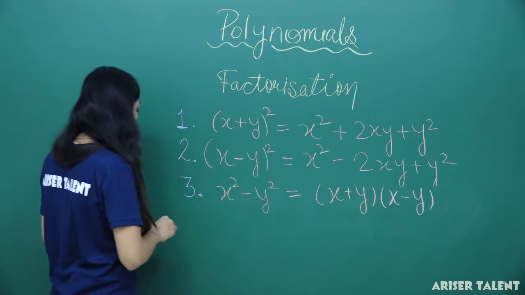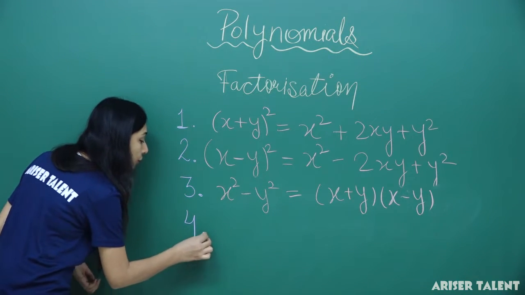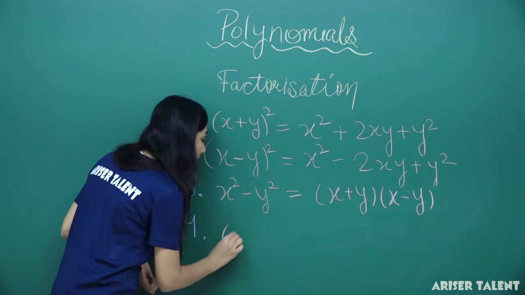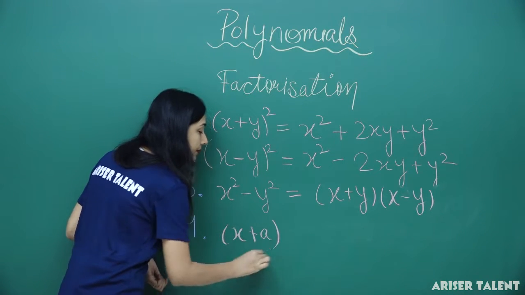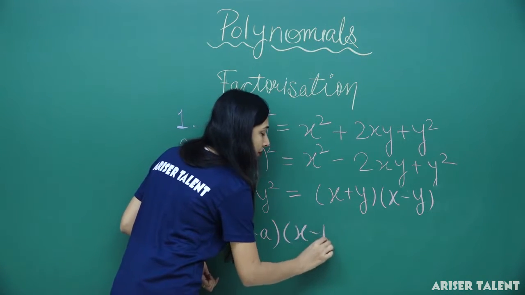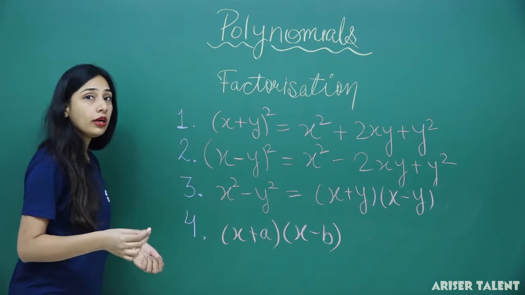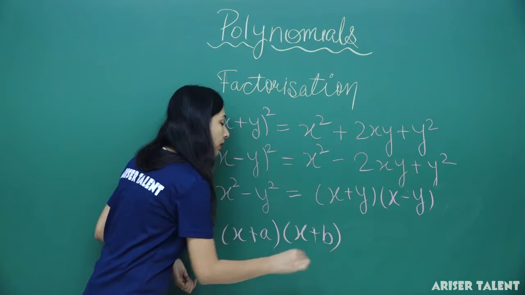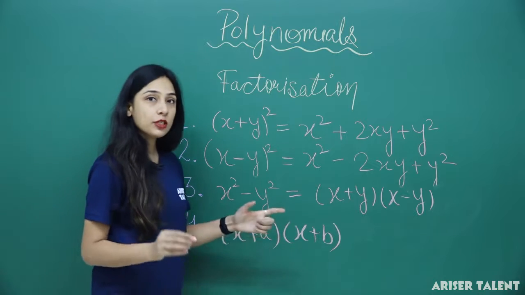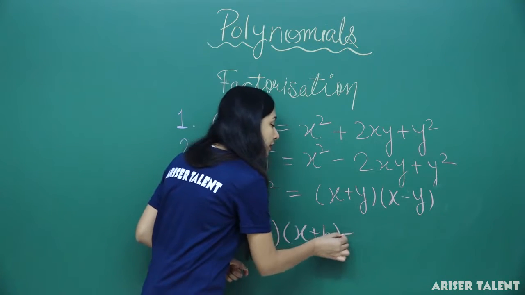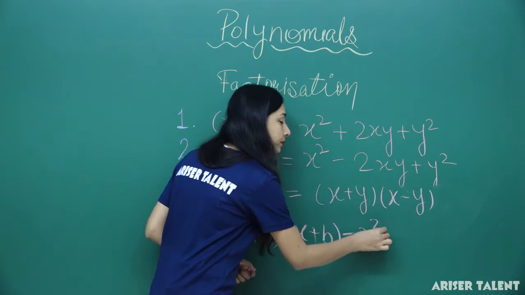And there is another formula, formula number 4, that will be (x plus a)(x plus b), and that will be x square plus (a plus b) times x plus a times b.